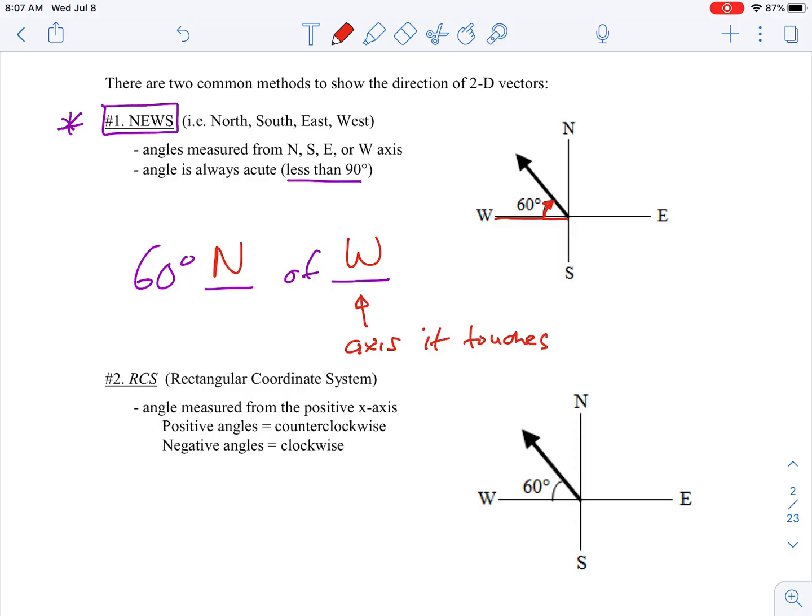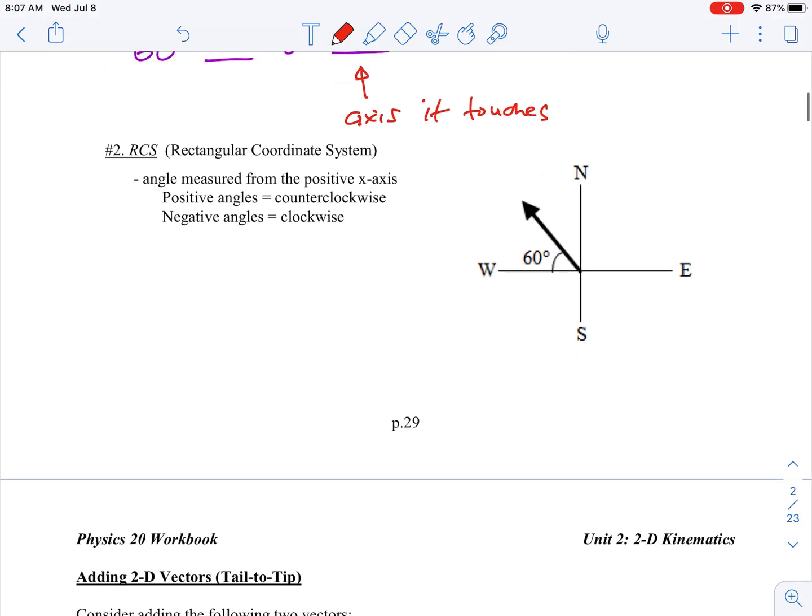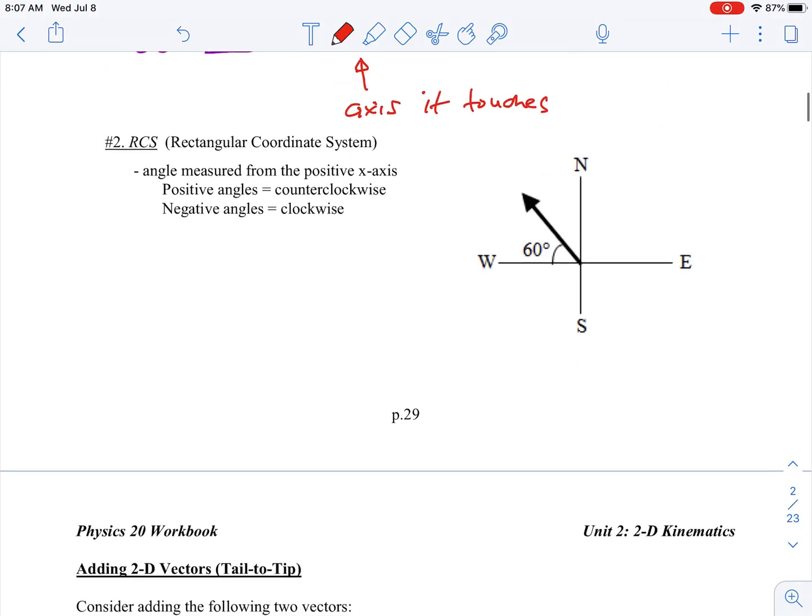There is another way though, and that's called the RCS approach, otherwise known as your standard position approach, something you might see in Math 30-1, for example. So in this case, we're going to introduce some axes. Here's your Y, and here's your X. And the way this goes is you always start at positive X. So this is your start axis.